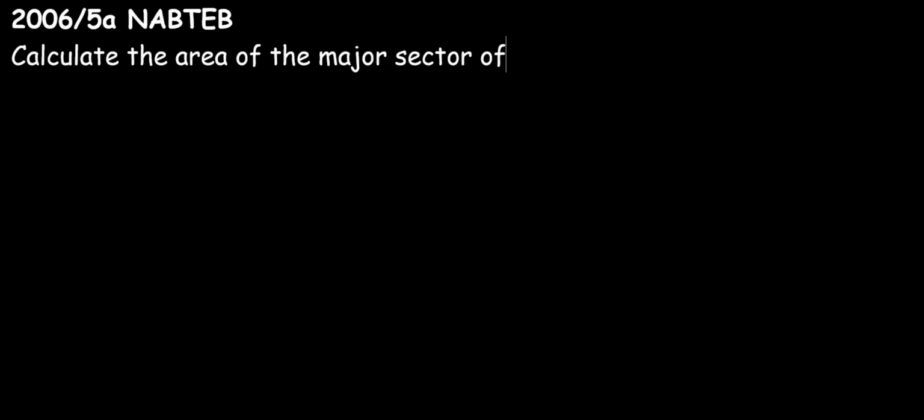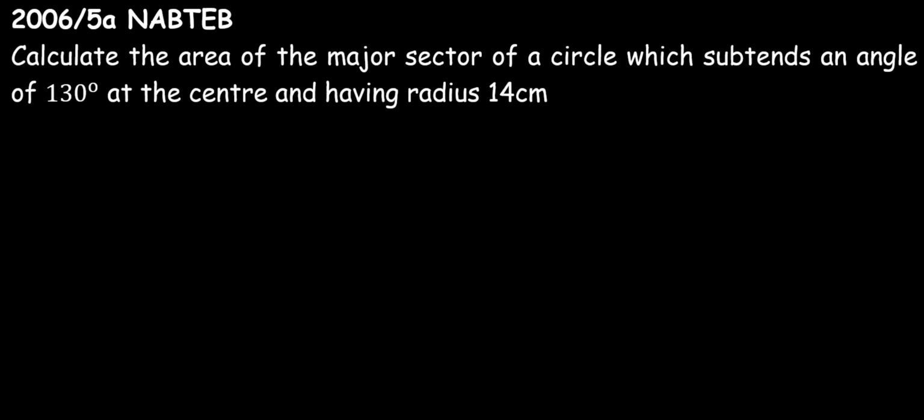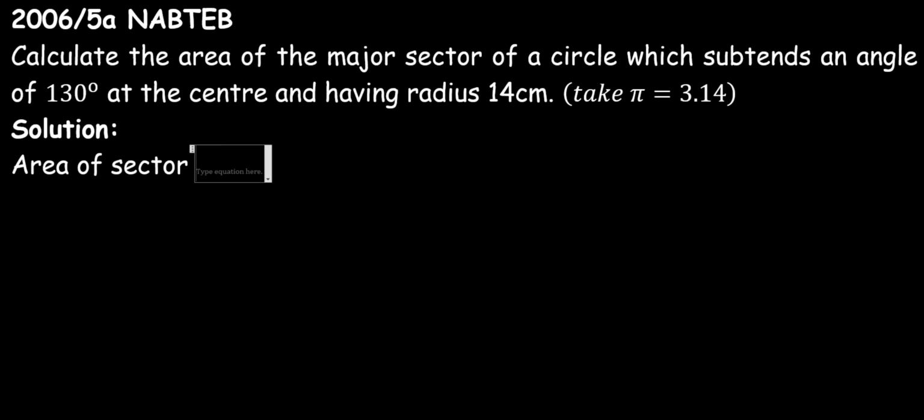2065A NABTEB. Calculate the area of the major sector of a circle which subtends an angle of 130 degrees at the center and having a radius of 14 cm. Take pi equals 3.14. Solution. Area of sector is equal to theta over 360 times pi r squared. Here we are dealing with major sector.